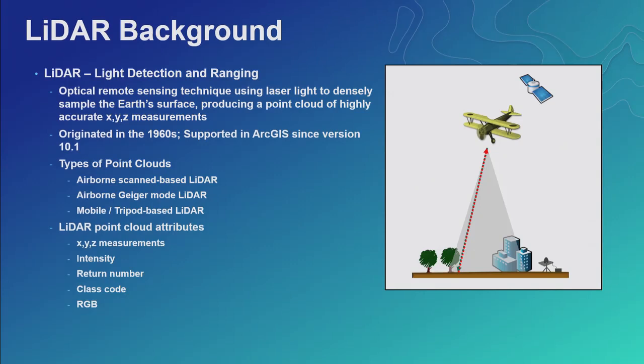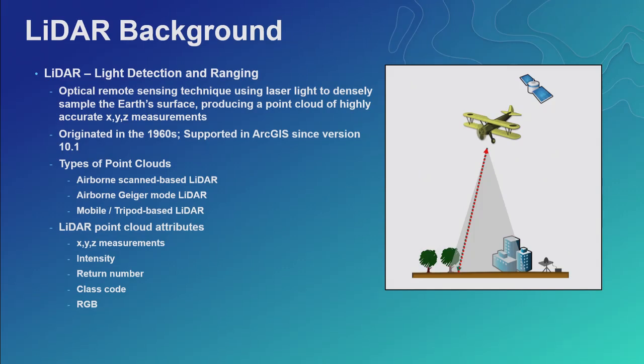Others, perhaps due to the technology at the time they were recorded or the budget of the organization acquiring the Lidar, only have a few class codes. Maybe it's just ground and non-ground, right? So there are different levels of robustness, so to speak.